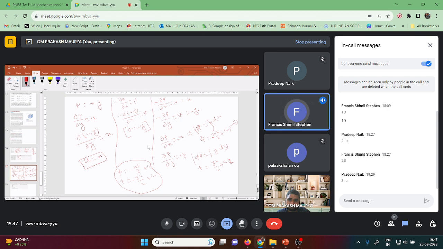I have seen somewhere that a negative is given. D phi by dx is equal to minus. It is okay, it's negative. First one is d psi by dy, dx is equal to negative. It is okay.